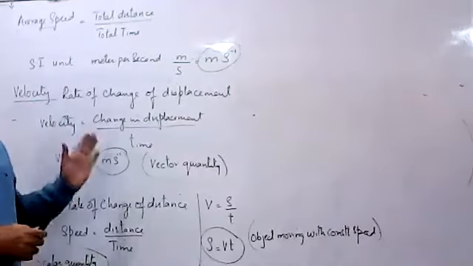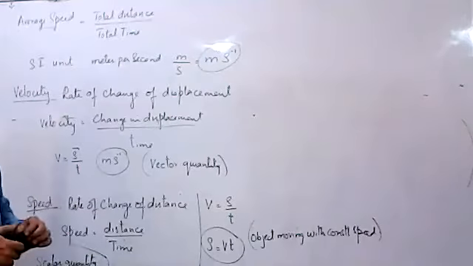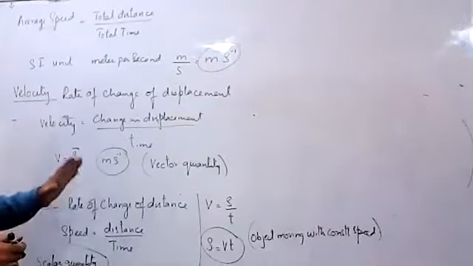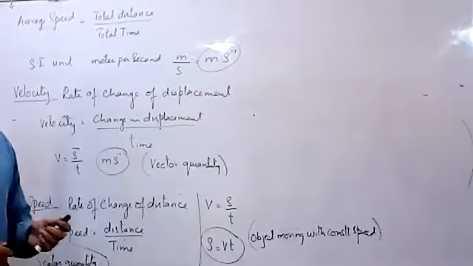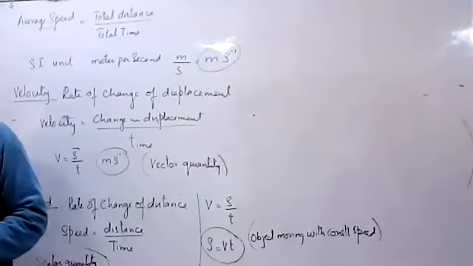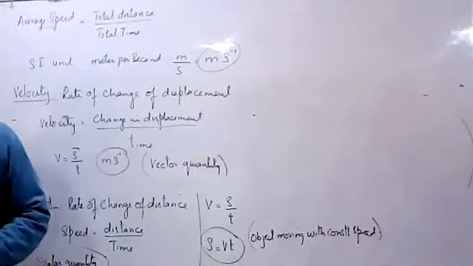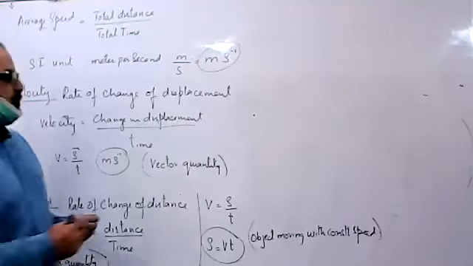So these are the terms that we'll be using in the next exercise, and we have to be careful about their units and the directions. Let's have an example just to understand what we have discussed so far.